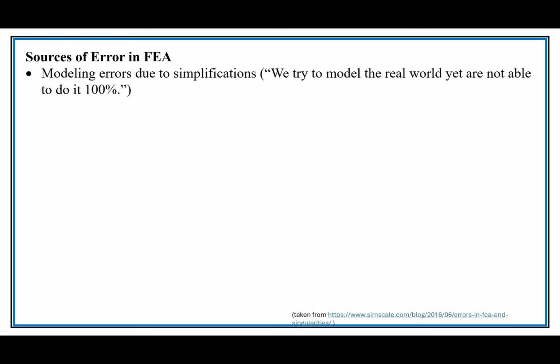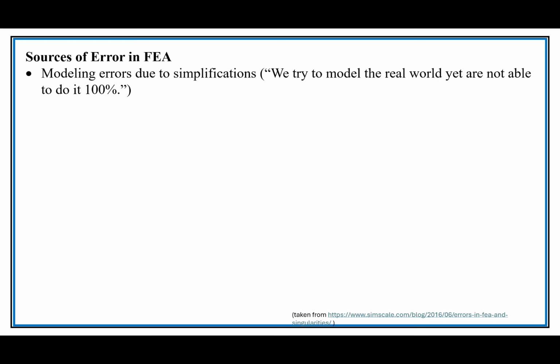So we need to talk about the sources of error in FEA, because you're sitting there playing around with it. The modeling, due to simplifications: we almost always have to do some simplifications when we model something. If you try to run FEA on a solid model you've created for some other function, maybe because you were going to 3D print it or just to visualize it, you're almost always going to cause yourself a lot of problems, because you really should make an FEA model for FEA.